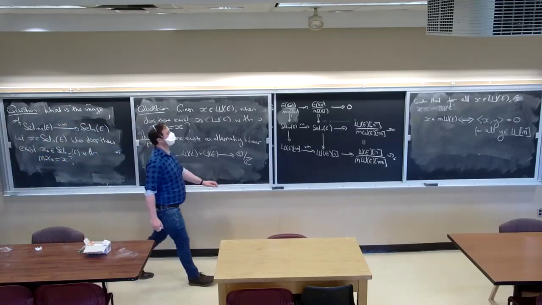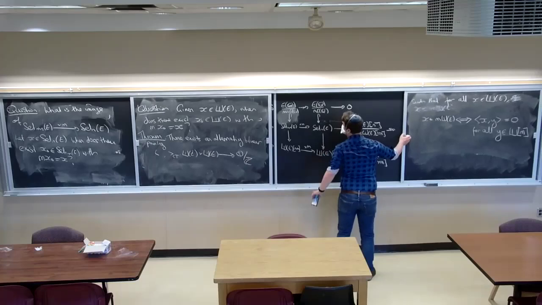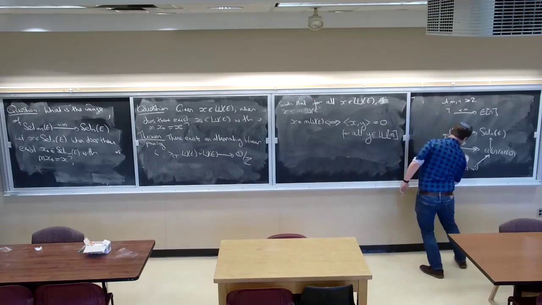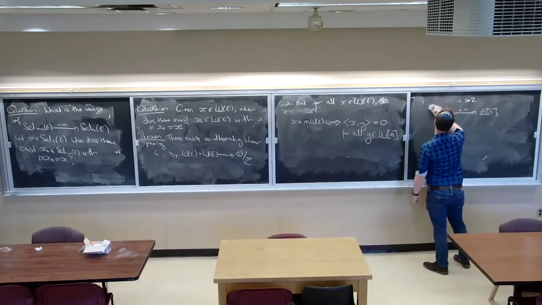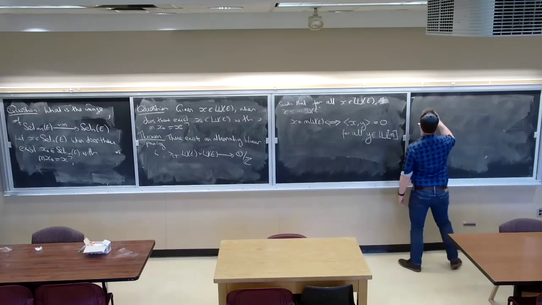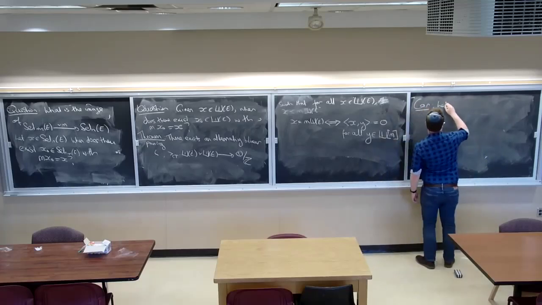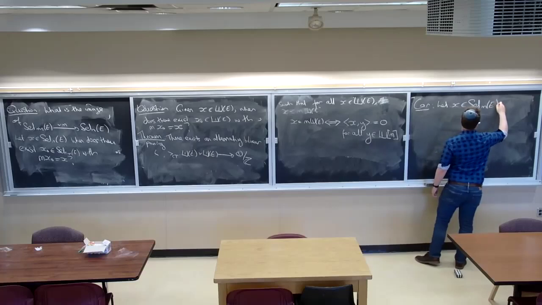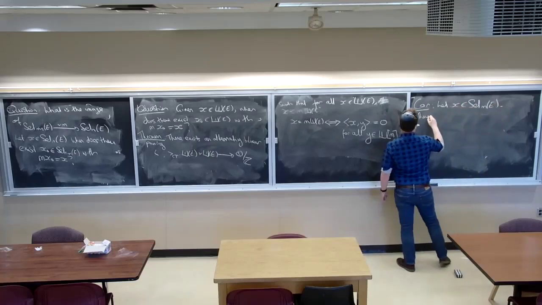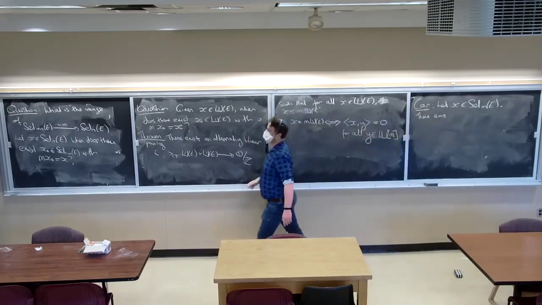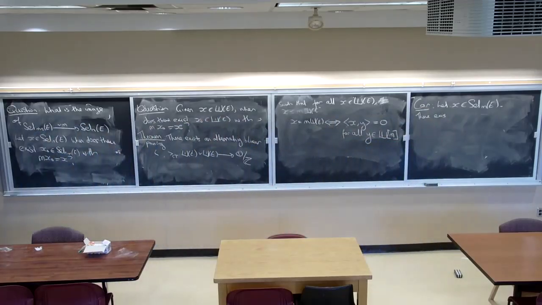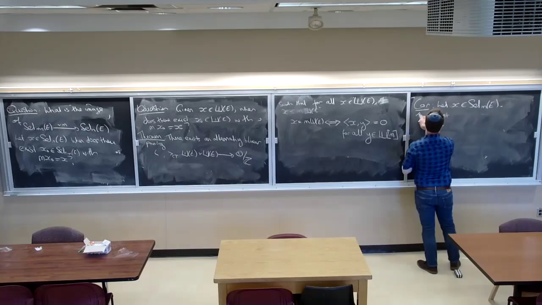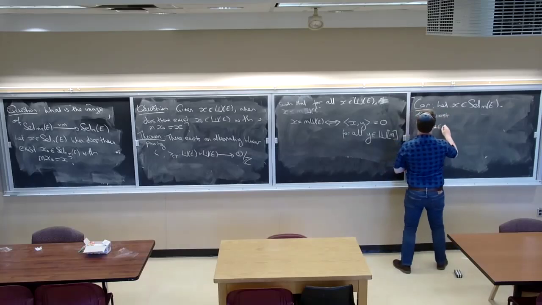So I'm running out of board space. Now I think I really will cover this up. So here's a corollary. I'm going to let X be in the N Selmer group. There exists, then M is in the image.